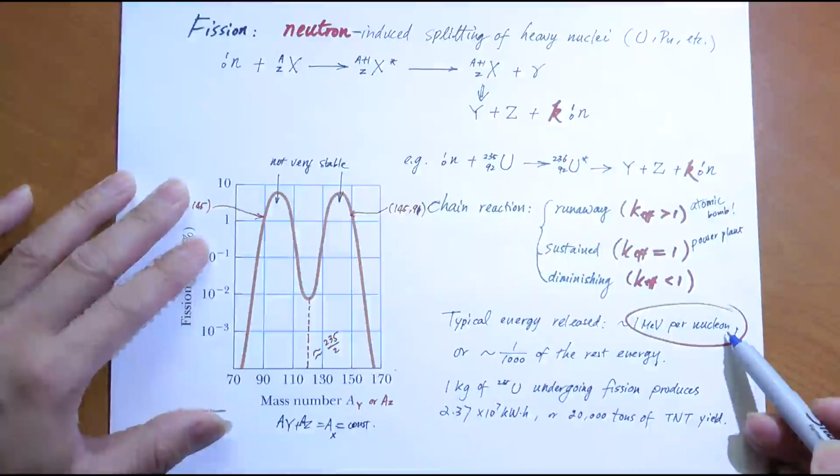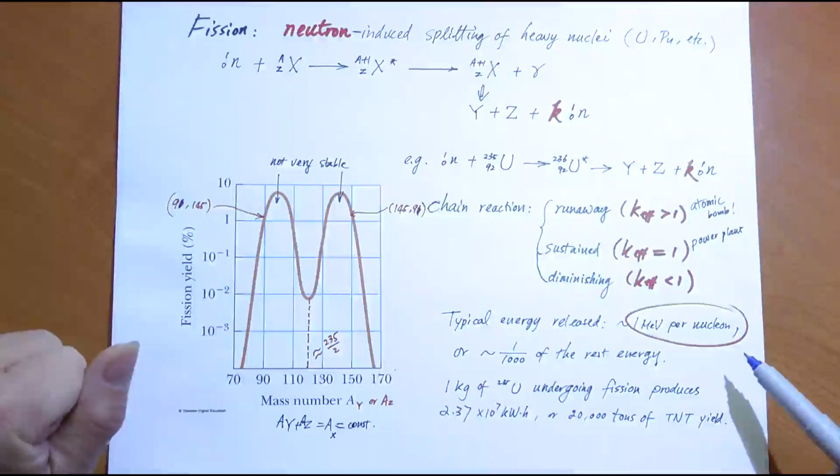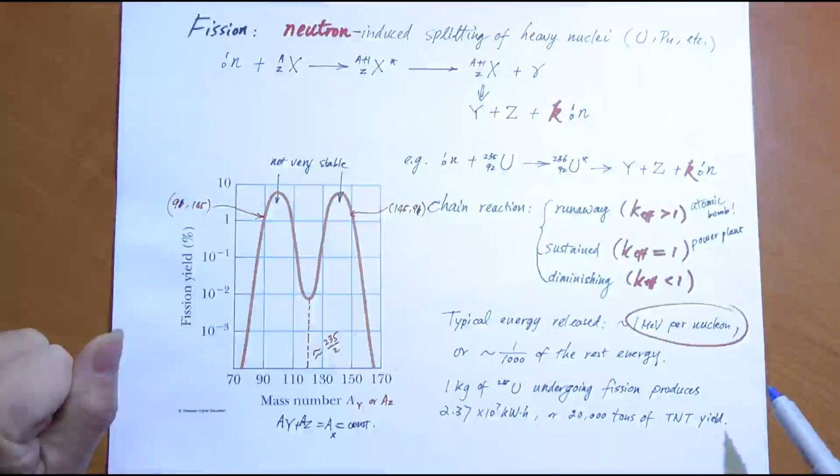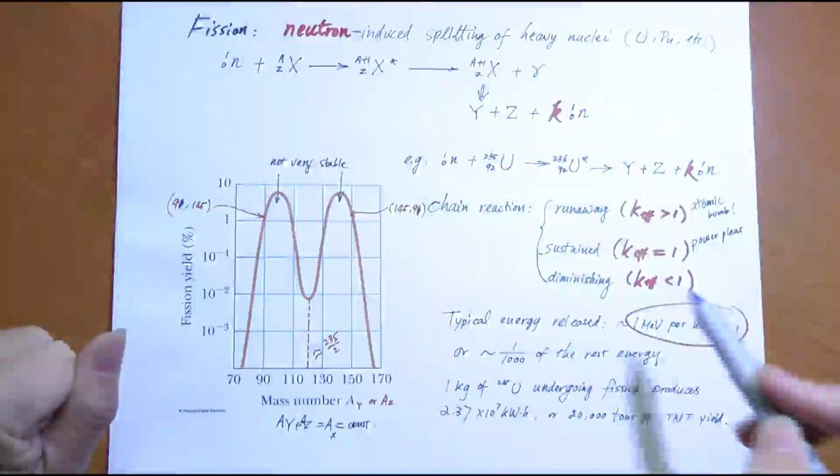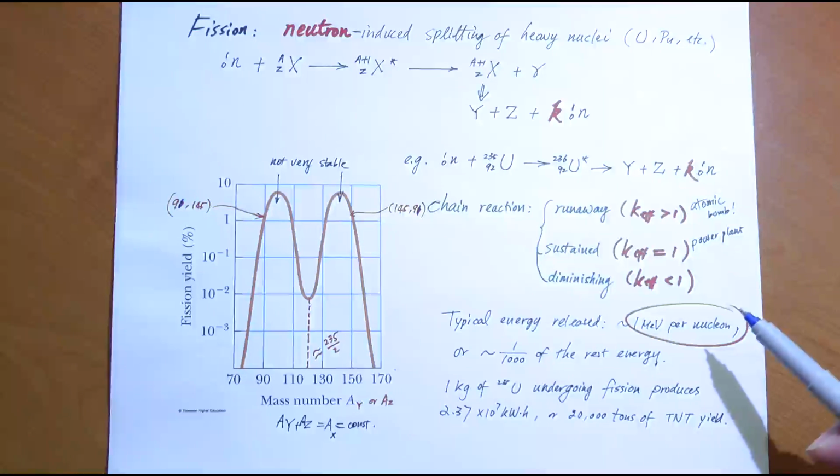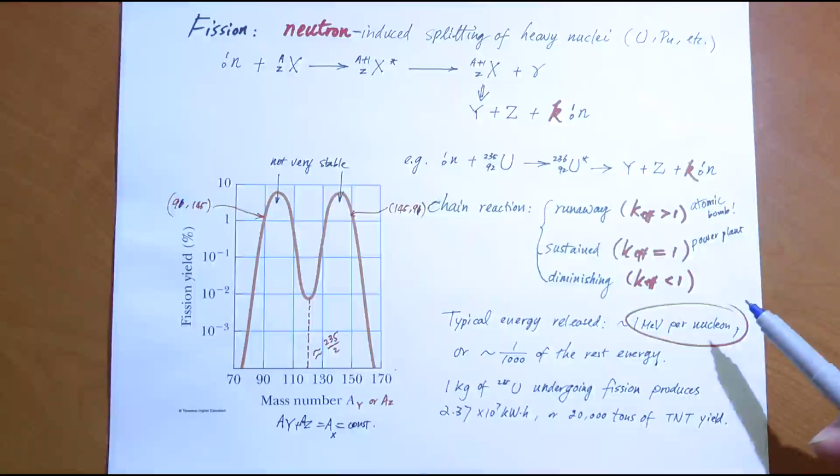If you compare that with the rest energy of each nucleon, the rest energy of the proton and neutron, they are 938 and 939 MeV respectively.